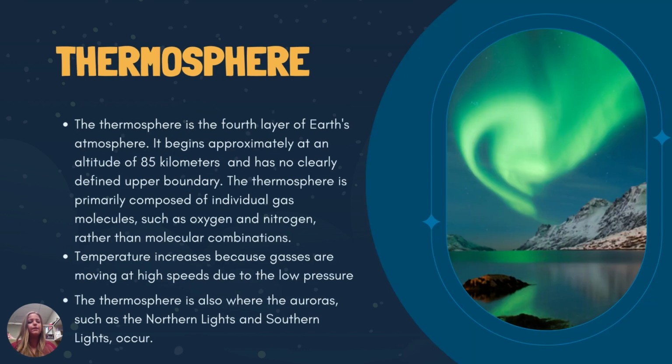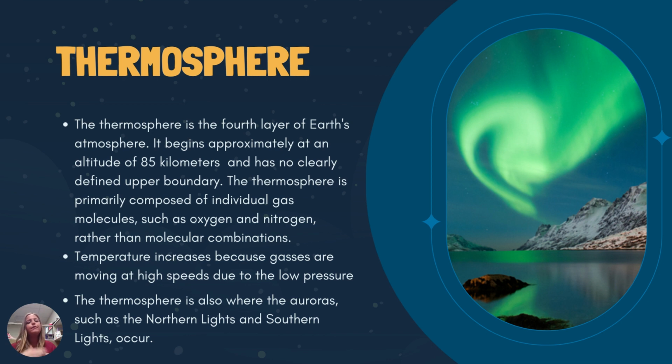All right, then we get into the thermosphere, which is the fourth layer, and it is 85 kilometers to question mark. So there's not a clear upper defined boundary, and it kind of shifts a little bit as you go around the Earth. But temperature is increasing here because we have gases that are moving at really high speeds because the pressure is so low.